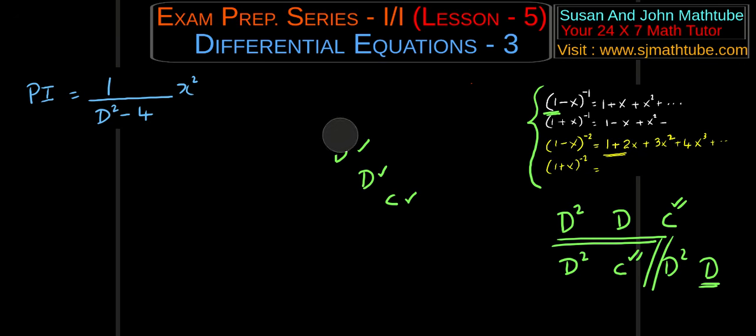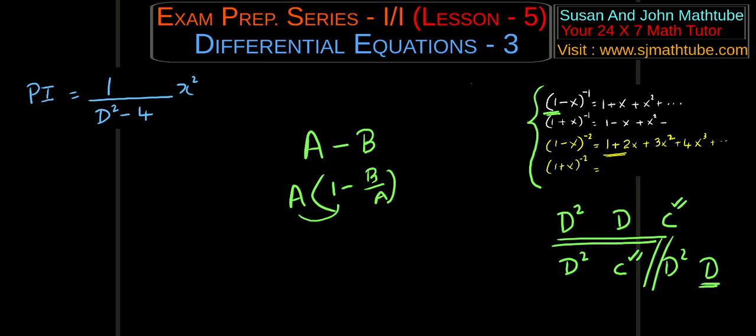Okay, so I'll make you understand what I just said. Look at this. Suppose we have a minus b. If I take a outside, I'll get 1 minus b by a. Think about it. Just open it, you get a, and when you multiply, you get a minus b. Anyway, I created 1.